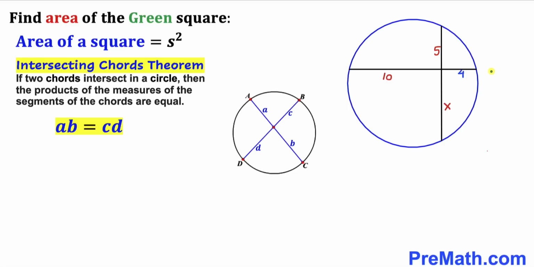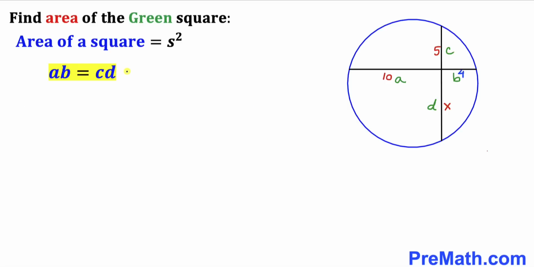And now let's focus on this original problem. Let me go ahead and call this segment A, this segment B, this segment C, then this segment D. Now let's go ahead and fill in the blanks in this formula.